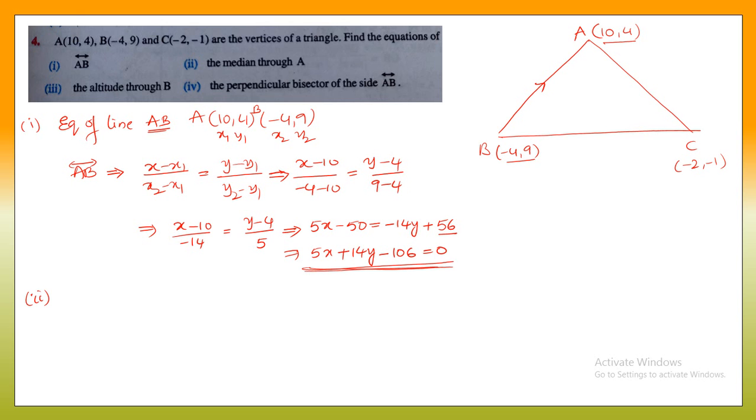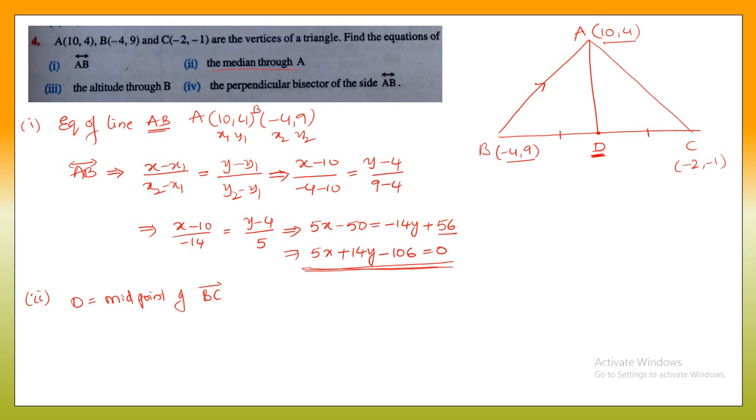What is it asking? Find the equation of the median through A. If I draw a median through A, suppose it meets at some point D. What is meant by median? Median means it divides the opposite side into two equal parts. So clearly, this point D is the midpoint of BC.